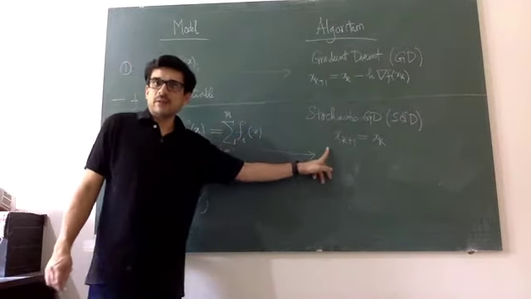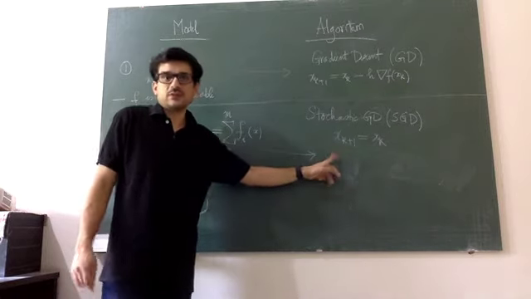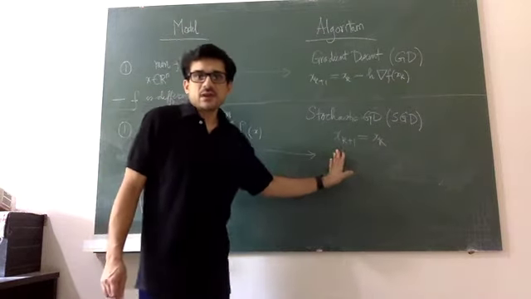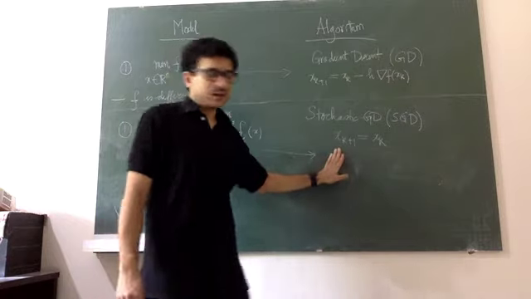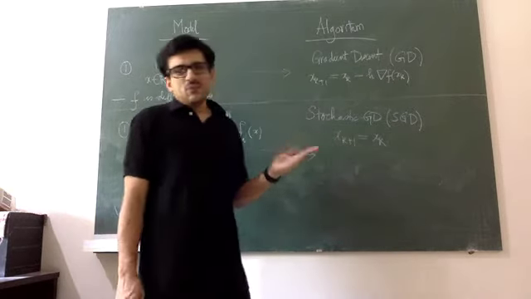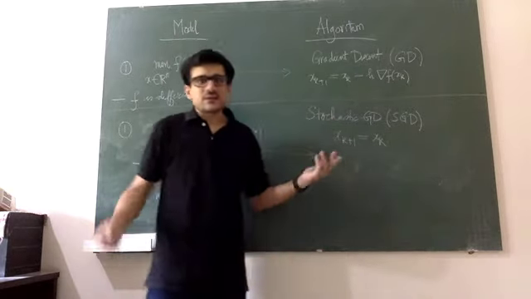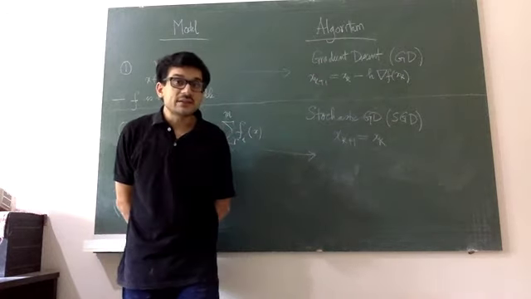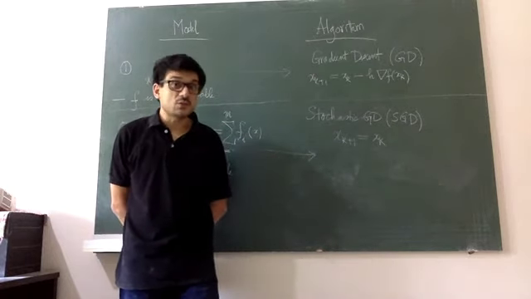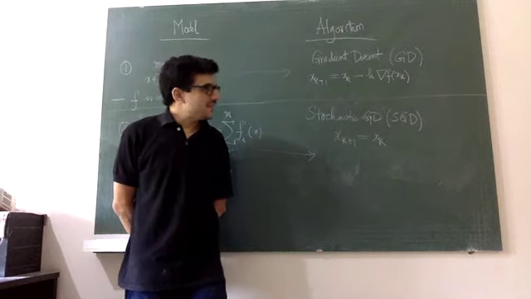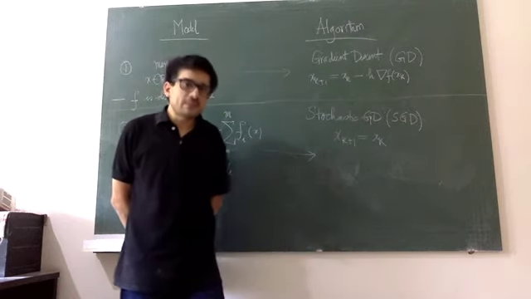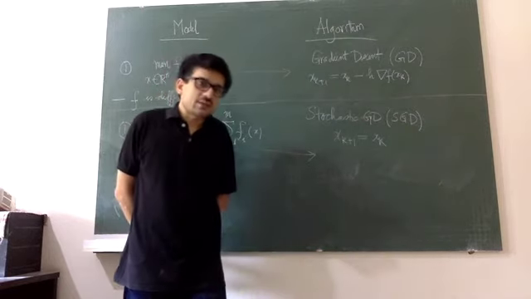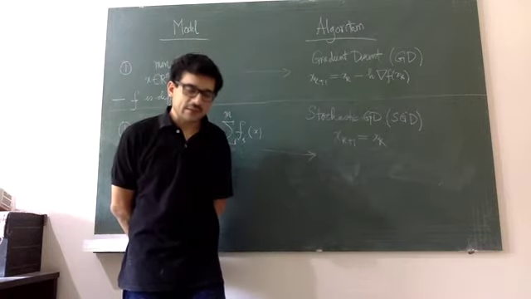This x would be your parameters, the machine learning parameters that you have. It could be the weights in neural nets. So you use that to update this. See, what happens is you can do anything under the sun. You can come up with your own heuristics, but you still have to prove that certain things work. So with SGD, the way you do it is in a little more disciplined way.